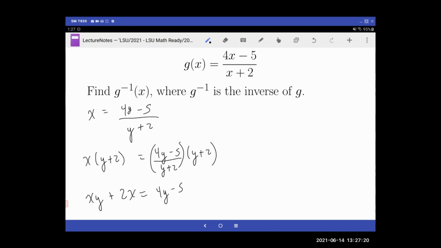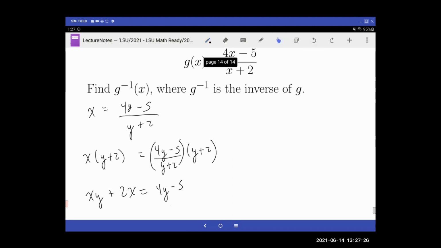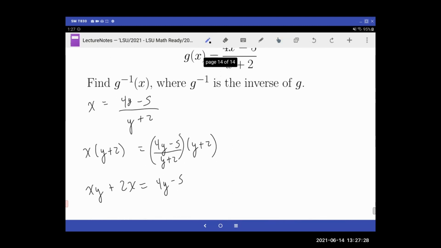Now I want to get all the y's on the same side, so I'm going to subtract 4y from both sides: xy minus 4y. I will also subtract 2x from both sides, which gives me a negative 2x on the right side, minus 5.